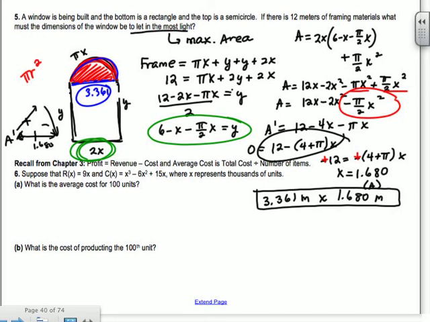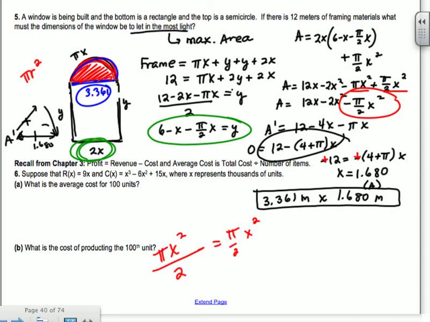What's our radius? X. So I have pi x squared for the whole circle, but I only have half a circle. So it's pi over 2 x squared. That was the whole area of the circle divided by 2. So I just wrote it as pi over 2 x squared. Same thing.